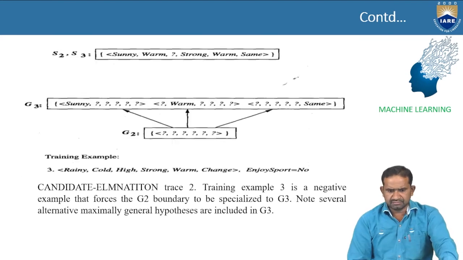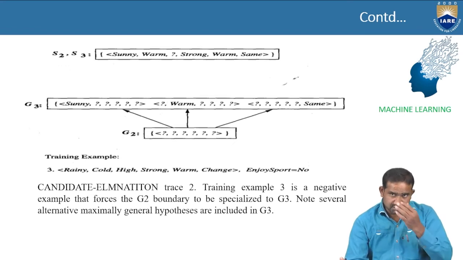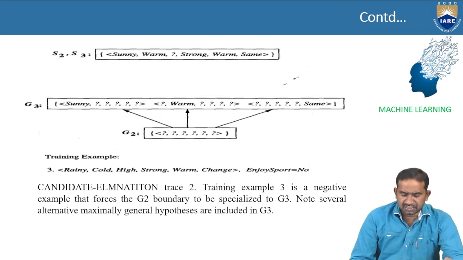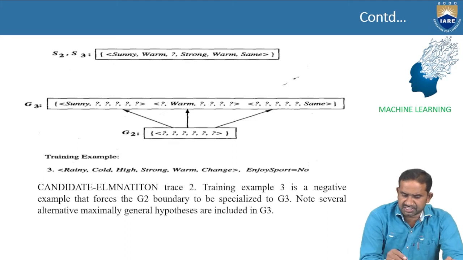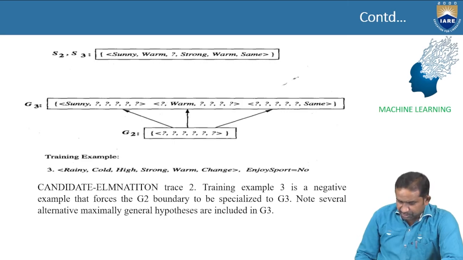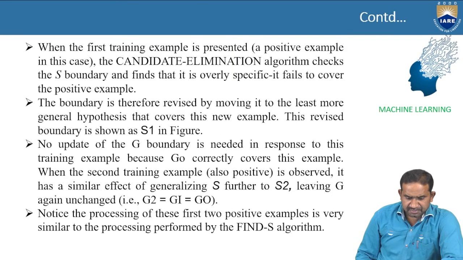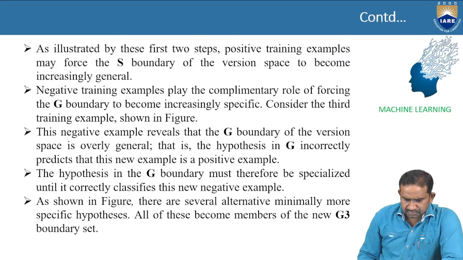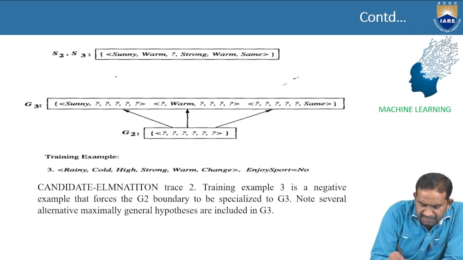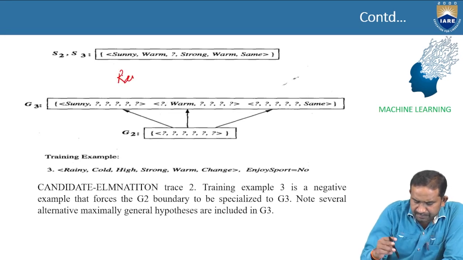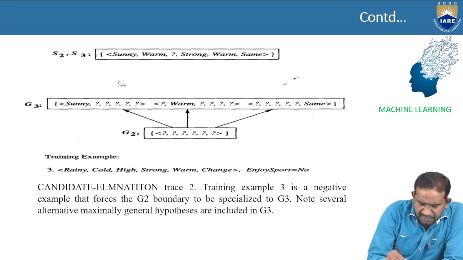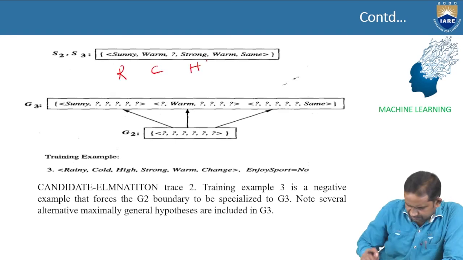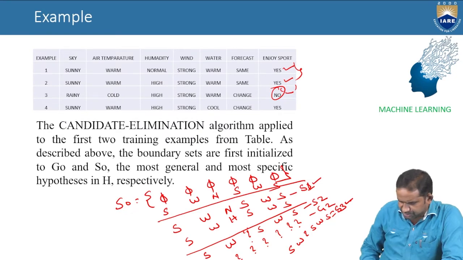We can check this when we come to the third example, where S3 comes in, and then compare it with the fourth example: rainy, cold, high, strong, warm, change.